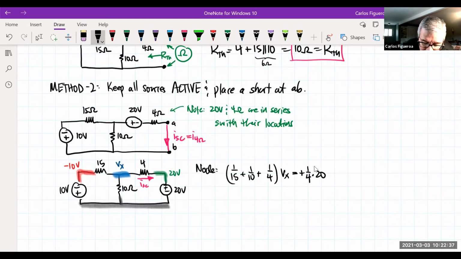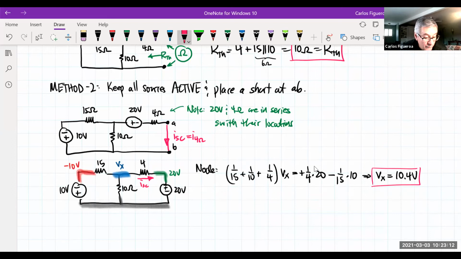So on the left side, it's minus 1/15 times minus 10 volts. So I get a minus and a minus, which is a plus. So when I take it to the other side, I'm going to get a negative 10/15. So if I do that, and you solve for Vx, I'm going to get that Vx is then going to be 10.4 volts.